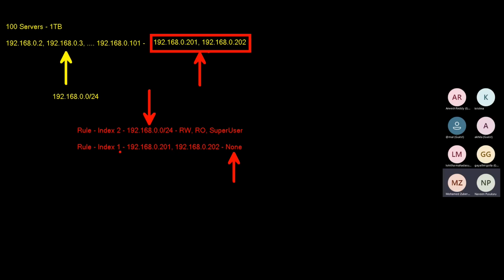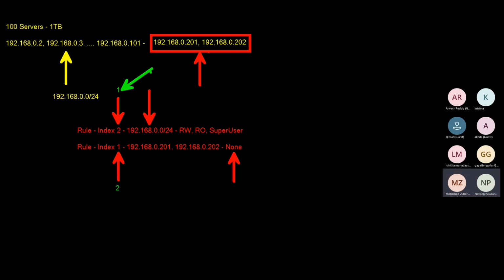And one more thing, why I have mentioned rule index 1 for this particular rule and rule index 2 for this particular rule, is because whichever rule number has the least value gets high preference. For example, if I do it oppositely, let's assume that I have mentioned rule index 2 here and rule index 1 here, then this is the preferred rule, right?